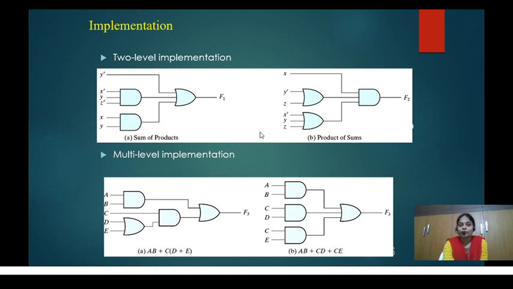Product of sums means find the sums by using the OR gate and then take the product by using the AND gate. Here you can see AB plus C into D plus E: AB is a two input AND gate, giving the output AB, with C as another input and D plus E. Use the OR gate here, and all the outputs are connected to the OR gate to get the equivalent result.